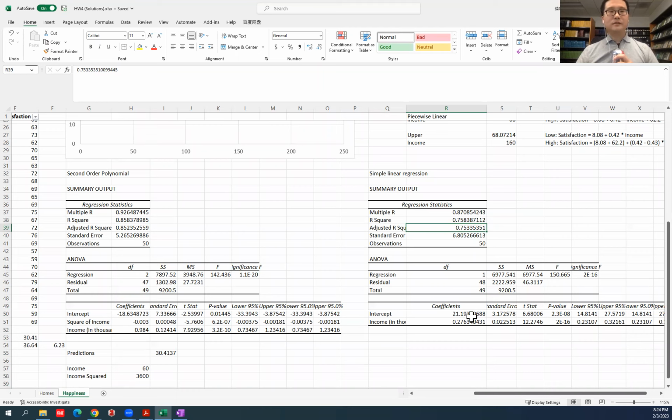And when we move on to the coefficients, we notice that both the intercept and the coefficient for the income are different between these two models.